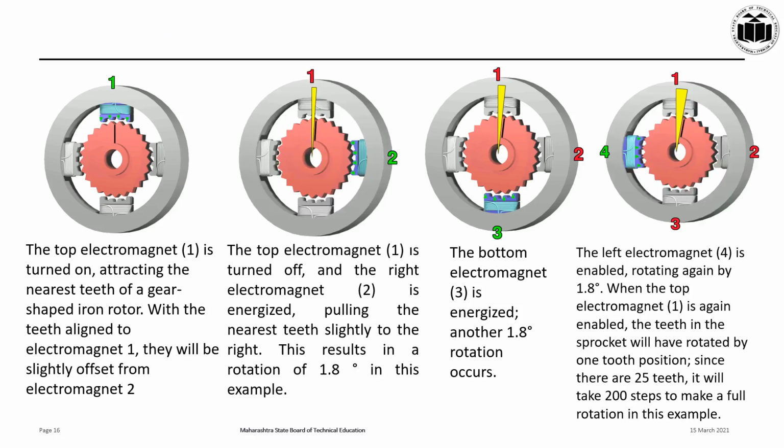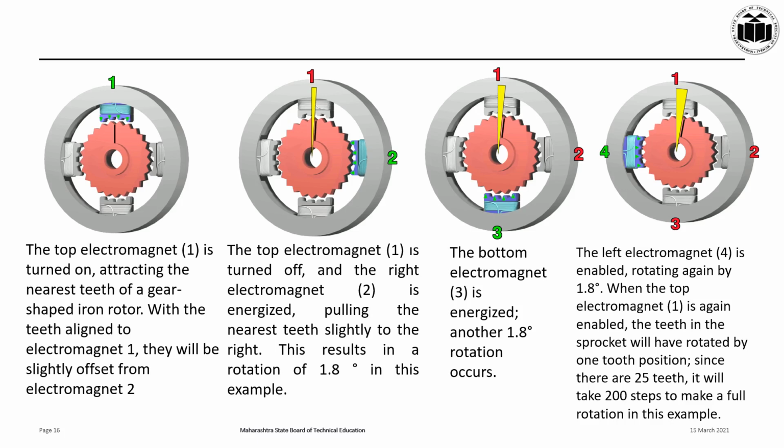In the first diagram, the top electromagnet, that is when the stator 1 winding is energized, the nearest teeth of the gear-shaped iron rotor, that is the grooved rotor, are attracted towards the energized stator, and with the teeth aligned to the electromagnet 1, that means to the stator 1, the teeth are slightly offset from the stator 2.